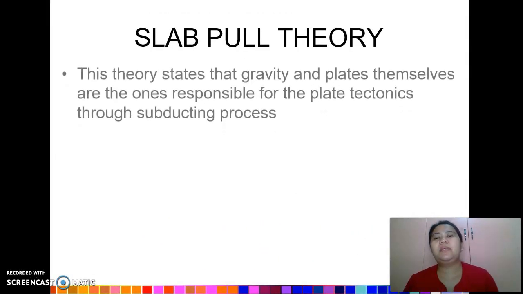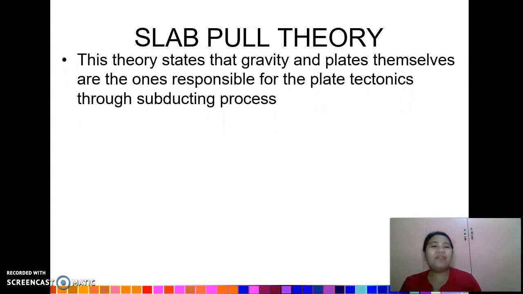Slab pull. This theory states that gravity and the plates themselves are the ones responsible for plate tectonics through the subduction process. Right? When we have a subduction zone, the materials are being pulled down. Such as in gravity, all that has mass on Earth's surface is being pulled towards the Earth's center through gravity.